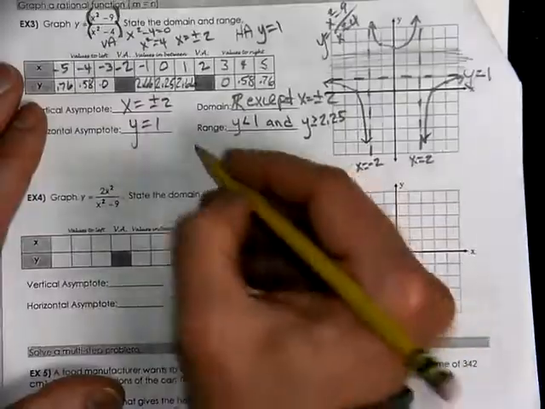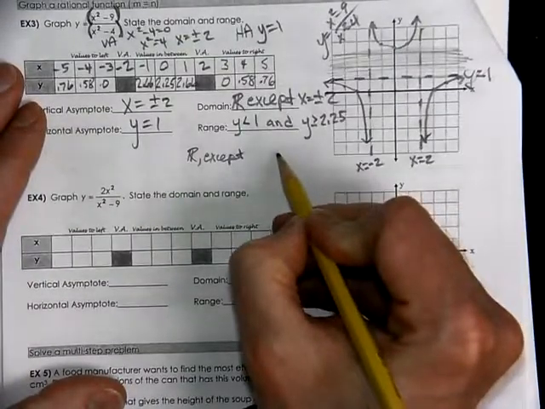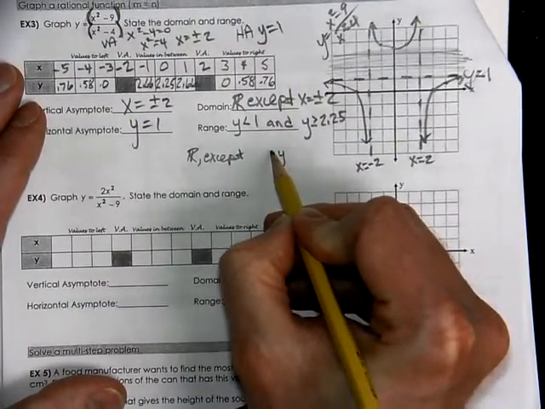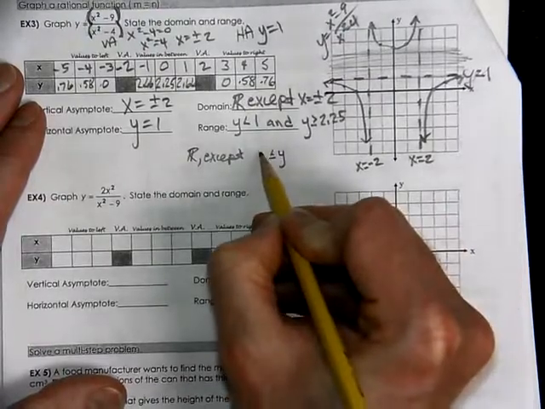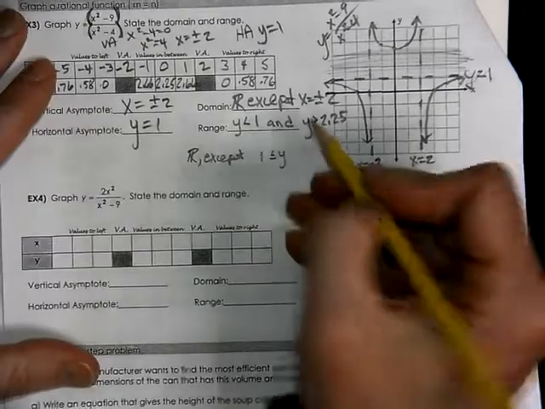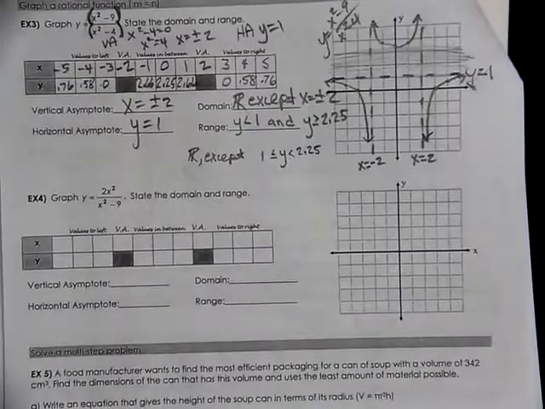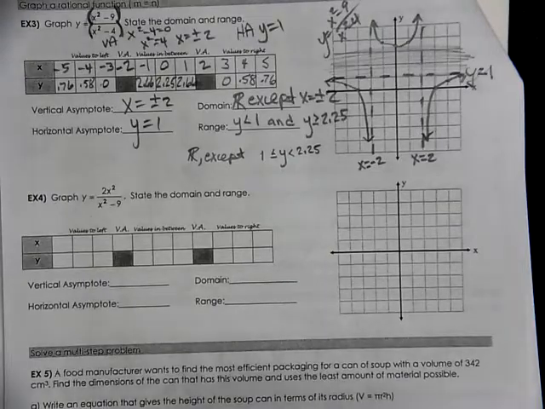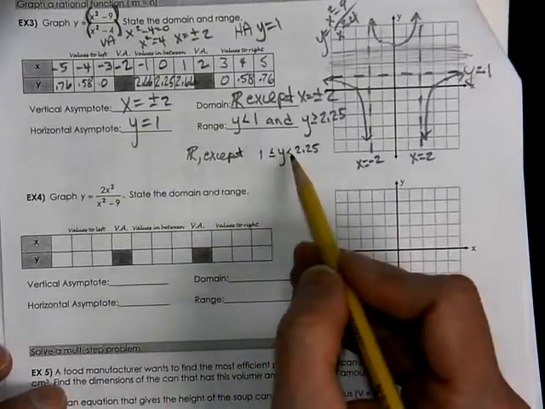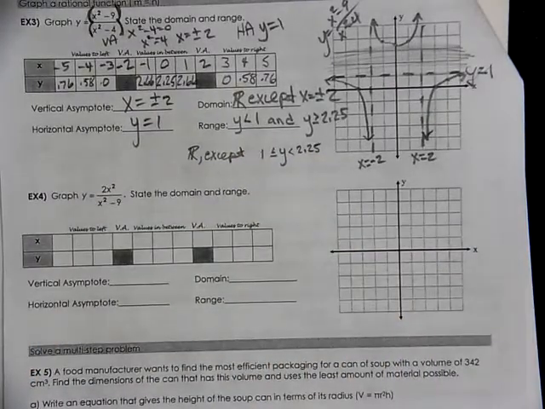You could possibly say all real numbers except the y values that are greater than and including 1, because we don't want these to happen. We don't want 1. We don't want anything that goes up to 2.25. But it exists at 2.25. This is the exception. This is where it doesn't exist. So you've got two different versions of your range you could write.